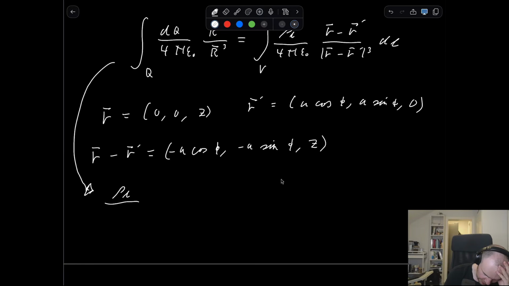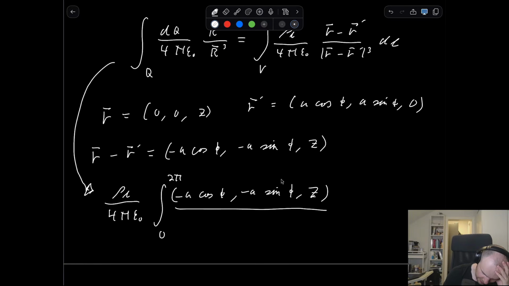Then I can move out rho L over 4 pi epsilon 0. We're integrating now in polar coordinates, from 0 to 2 pi. And then we have r minus r prime, that's just minus a cosine of phi, minus a sine of phi, then z.